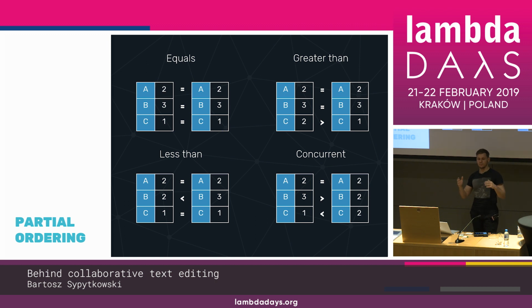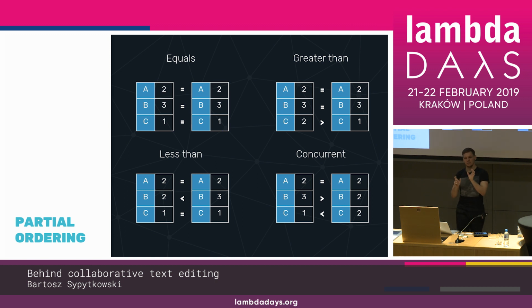So what we are doing basically is comparing the corresponding replica IDs on each of the sites, and we are comparing the numbers. If all of the numbers are the same, then those vector clocks are equal.